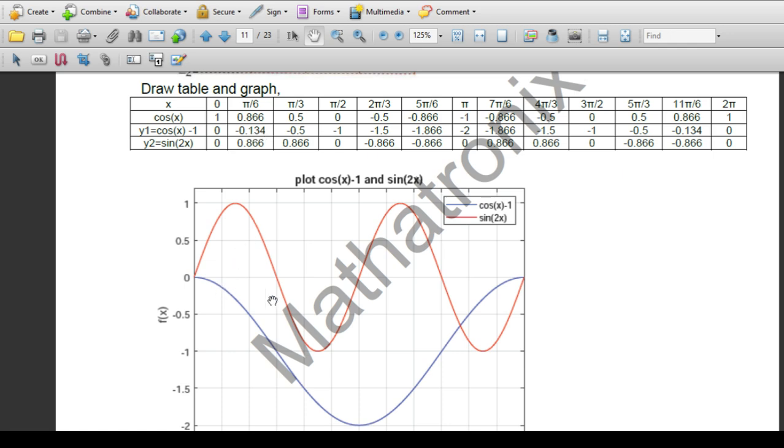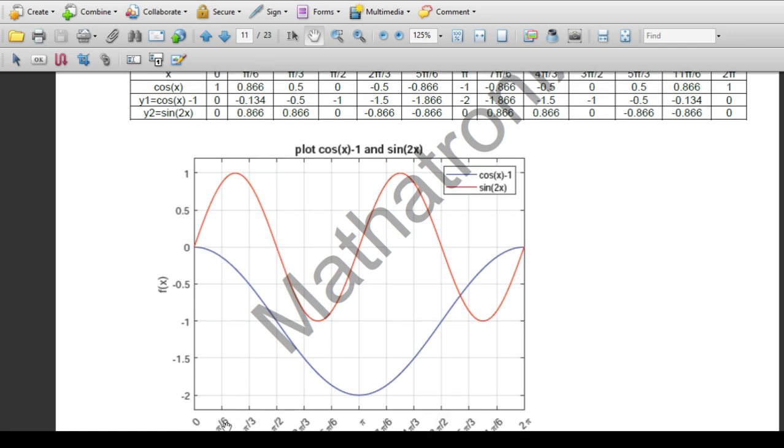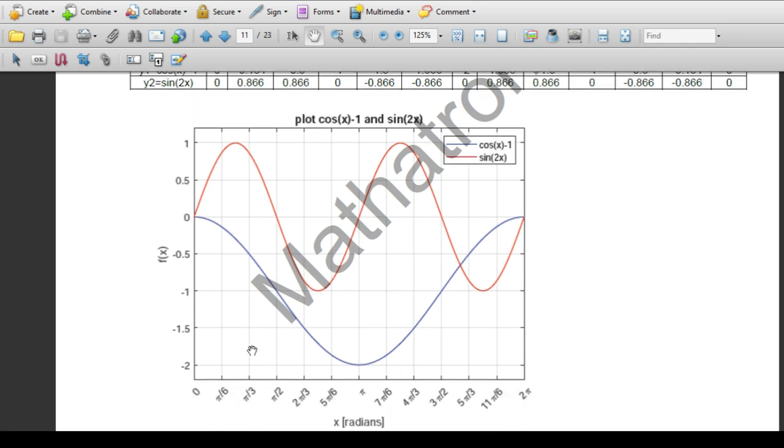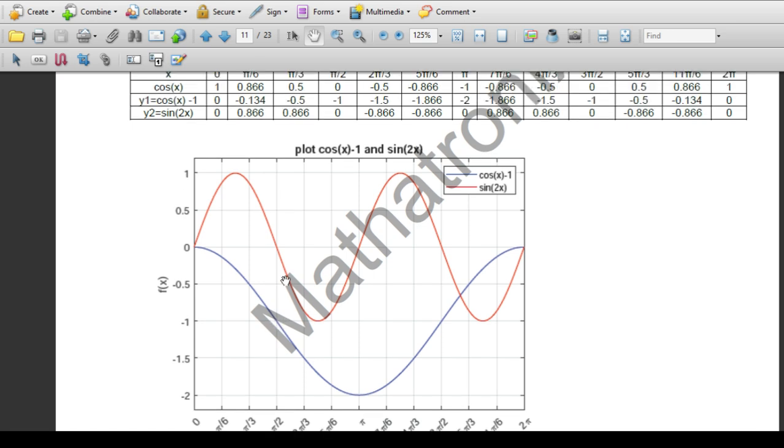This is pi by 6. And at pi by 3, the value is minus 0.5. At pi by 2, the value is minus 1.